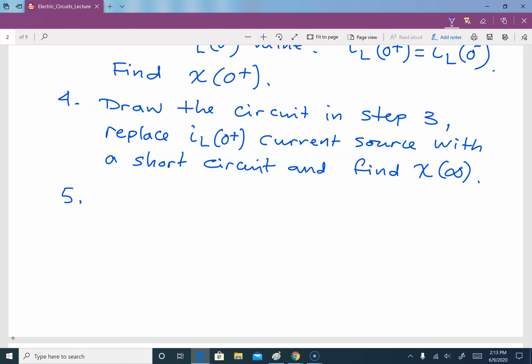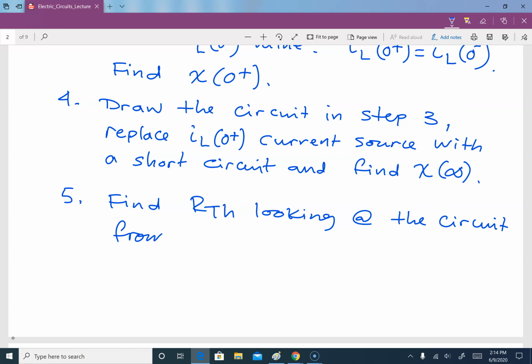Step number 5, find R Thevenin looking at the circuit from the L location.